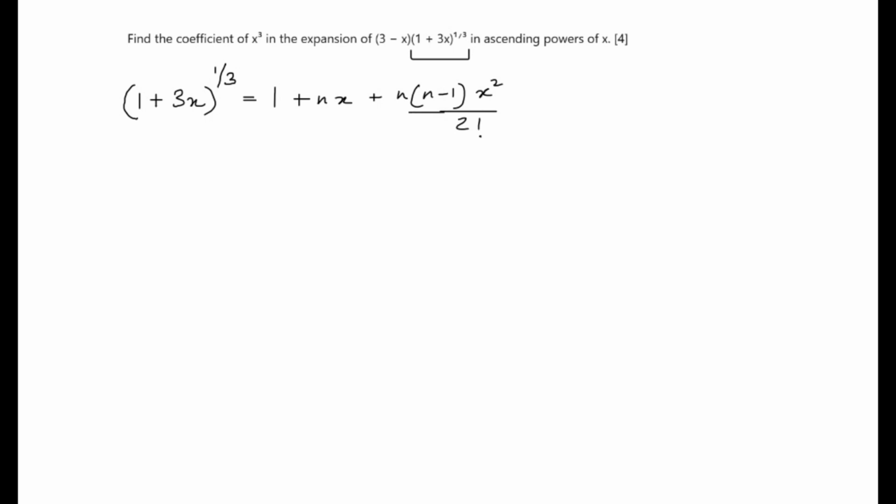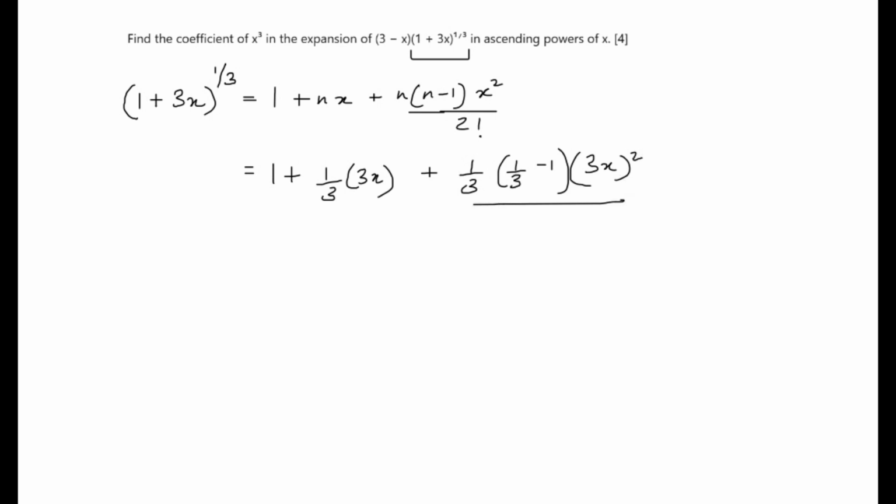Okay, so applying that, 1 plus n is 1/3, x is 3x, plus 1/3 (1/3 minus 1) (3x) the whole squared by 2 factorial.